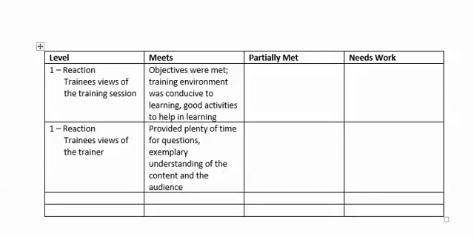So basically you would decide what it is that you wanted to get as an evaluation piece about the training session. While this is a training program evaluation, you are first evaluating the training sessions. And so you would do that. And then these were met. And then over here you would say what did not work or whatever it might be. And then this would be partially.